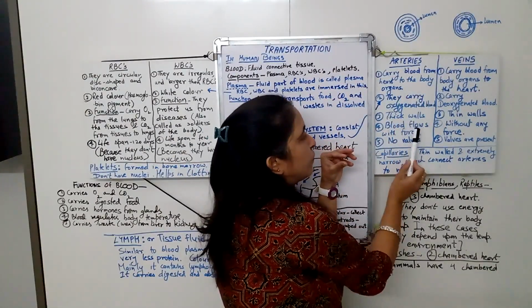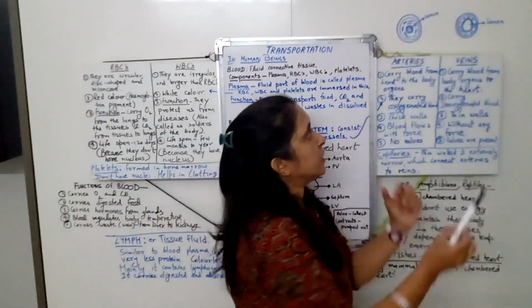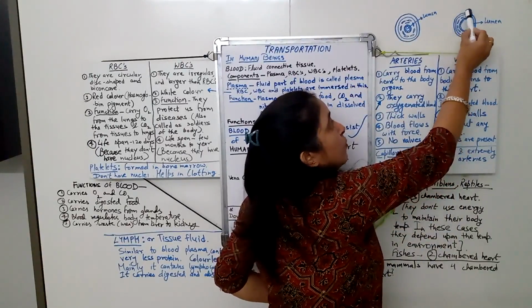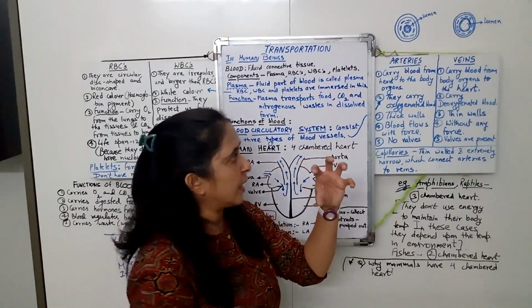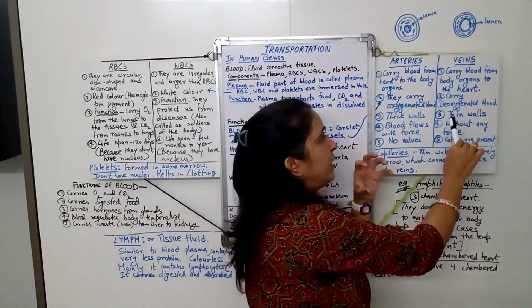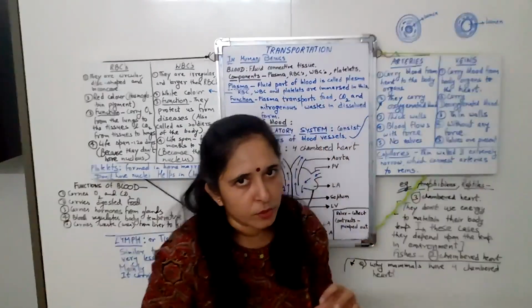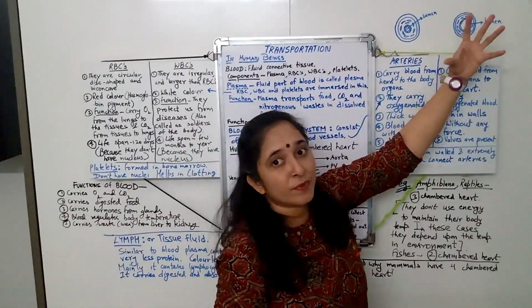That's why the blood flows with force and that's why they have thick walls. In the case of veins, you can see a broader lumen. They have a broader area. So here the blood flows without any force and they have thin walls. Here the lumen is very narrow, here the lumen is very broad.